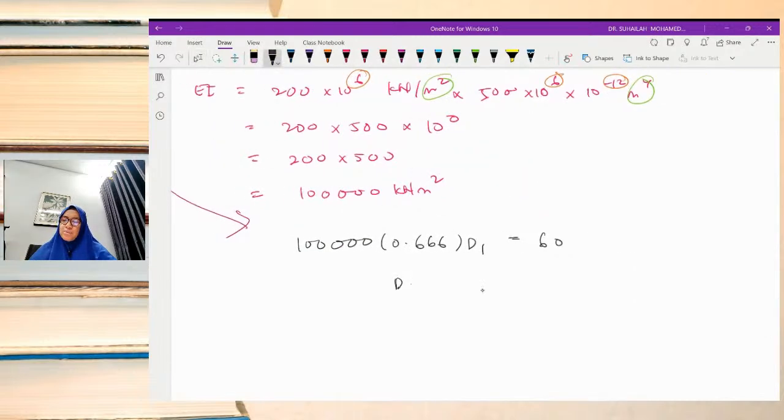So we get D1 is equal to 60 divided by 100,000 times 0.666. So what is the answer?